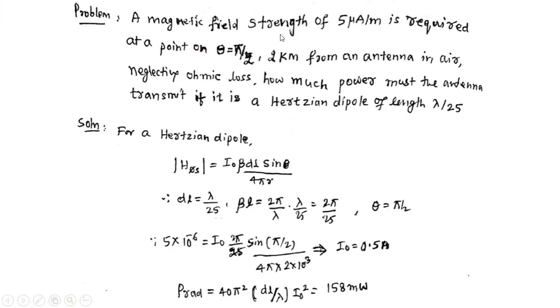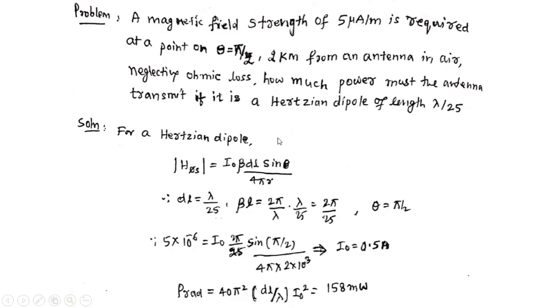A magnetic field strength of 5 microampere per meter is required at a point at theta equal to pi by 2, 2 kilometers from an antenna in air. Neglecting ohmic losses, how much power must the antenna transmit if it is a Hertzian dipole of length lambda by 25?